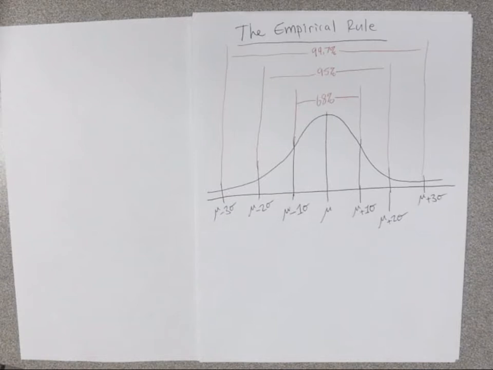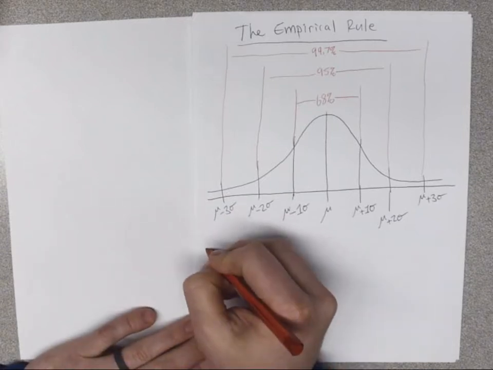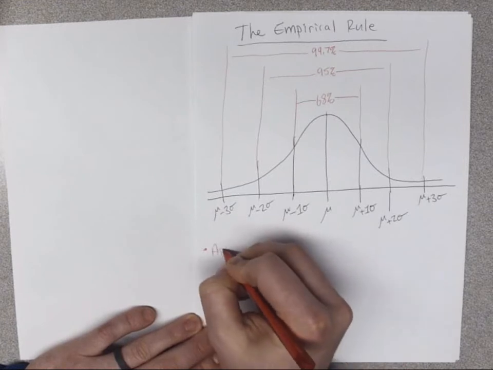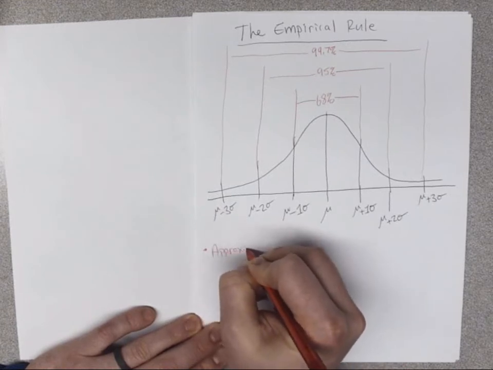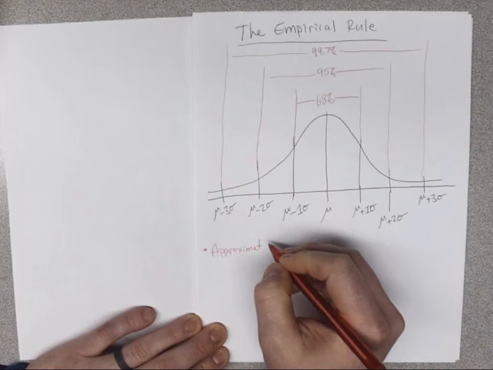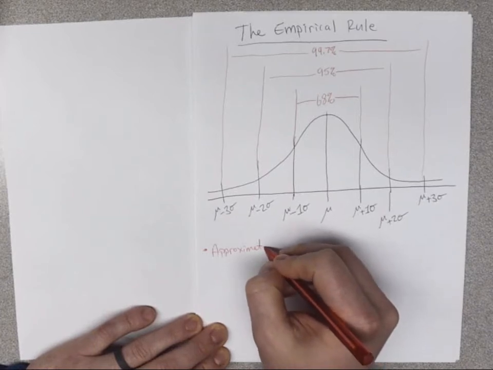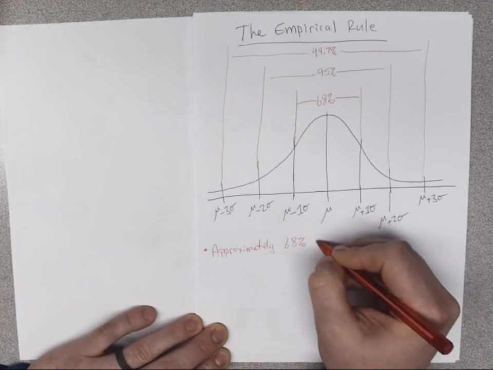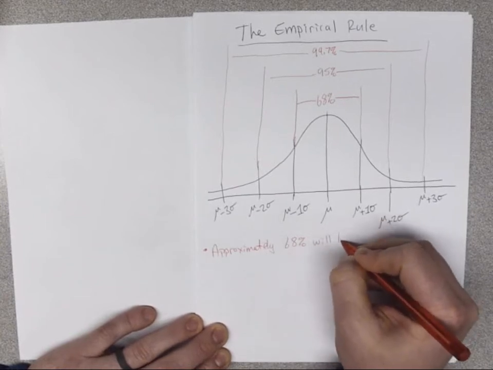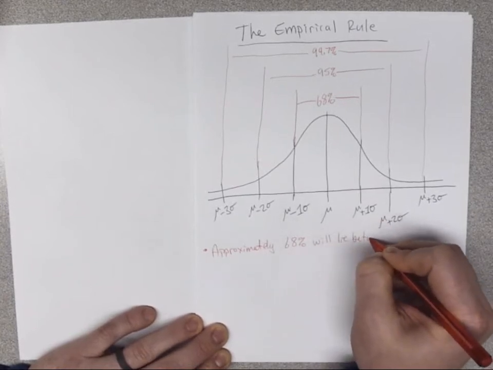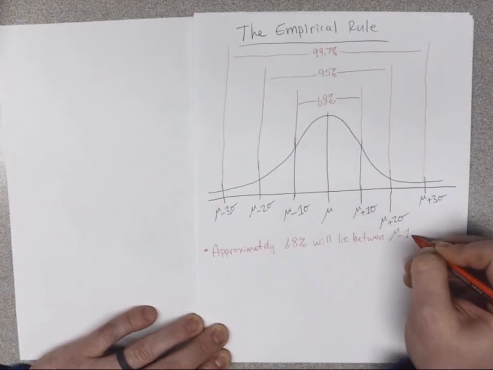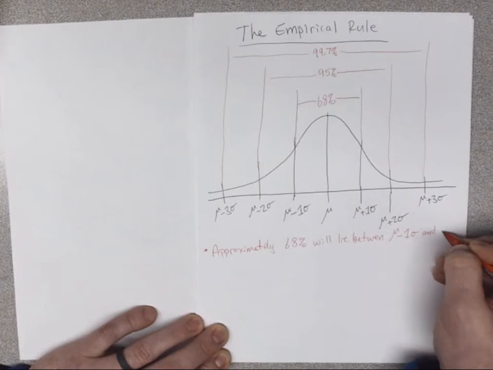And just to put some more words on the paper and help you understand, this is what the empirical rule says. Approximately, and it's approximate, but it's a good approximation, especially early in experiments. Approximately 68% will lie between mu minus 1 sigma and mu plus 1 sigma.